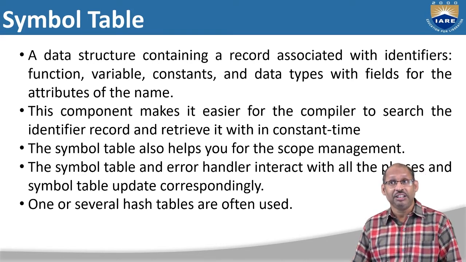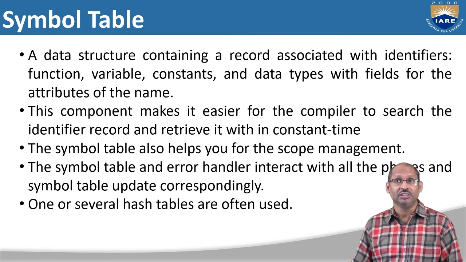That identifier might be a function, variable, constant, or data type field. So it will store the type of the variable, the storage allocation, its initial value, and the scope of the variable. All such information is maintained in this symbol table.